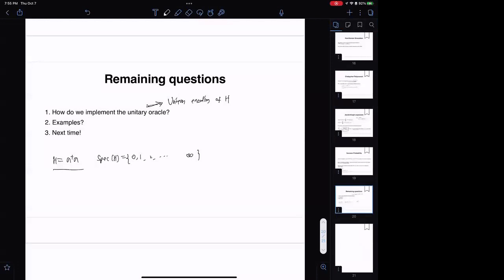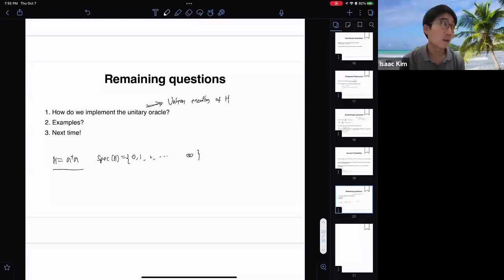Yes. Okay. That suggests to me that if the goal is to solve Hartree-Fock, maybe it's better to use classical computers because they're already very good.